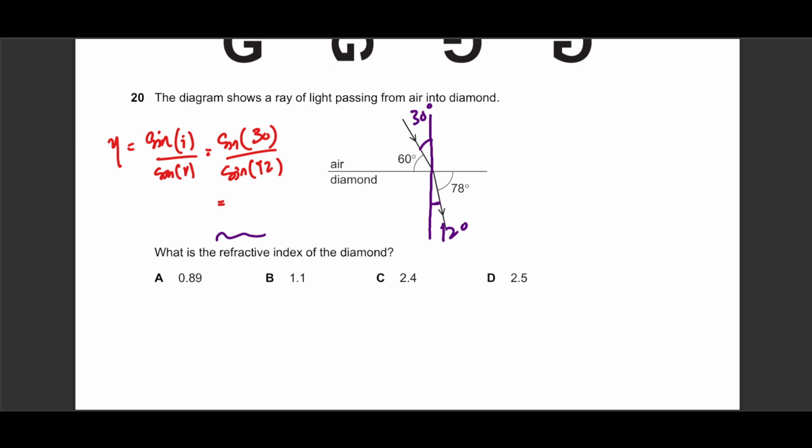When you calculate this, it comes out as 2.4. Also be advised that the formula actually deals with the fact that the rare medium angle comes in the numerator and the dense medium angle comes in the denominator. That's a shortcut, that's a trick.